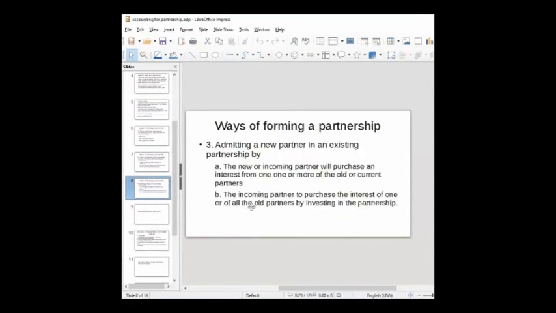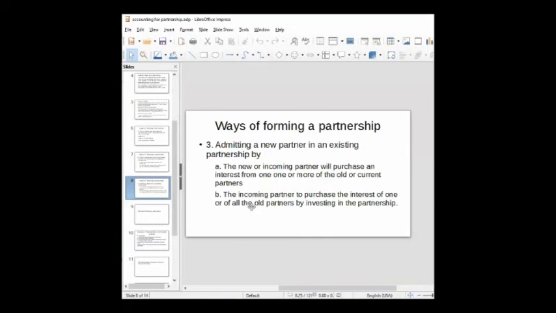So another way of forming a partnership is admitting a new partner in an existing partnership. That means the partnership is already in operation, and there's a new partner who wants to join the business. So the new or incoming partner will purchase an interest from one or more of the old or current partners.